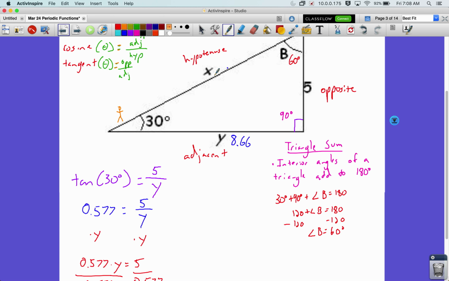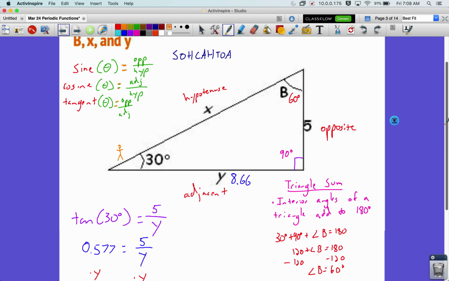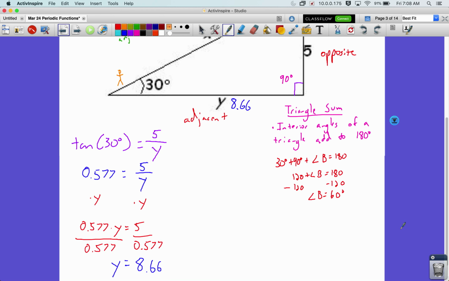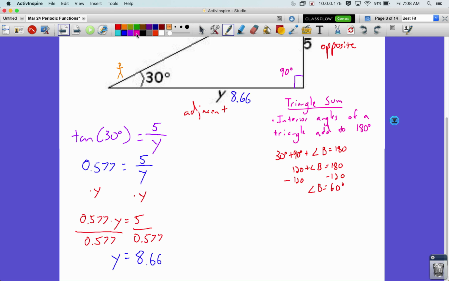All right. Now I could just do another trig operation, maybe with opposite and hypotenuse. So I would maybe do the sine of 30 to solve for the hypotenuse here. But now that I've got two lengths, I can bring in one last thing that I want us to remember about triangles, and that's the Pythagorean theorem.